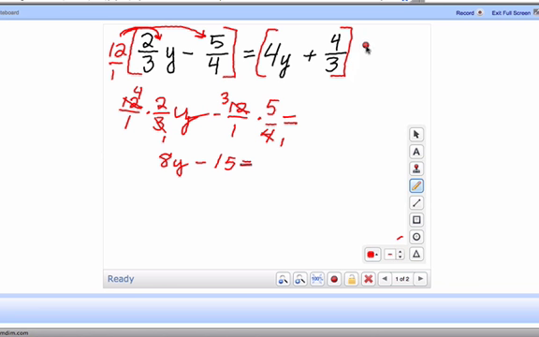Okay, remember we had to do the same thing to the other side because you want to keep both sides equal to each other. As long as you do that, you can do lots of different things to equations.